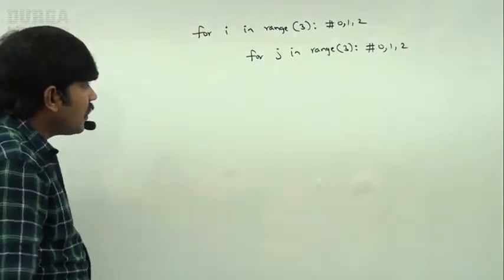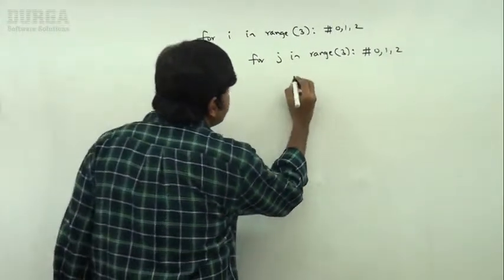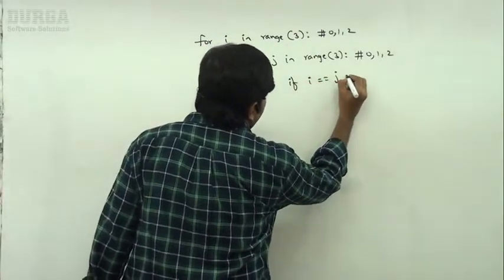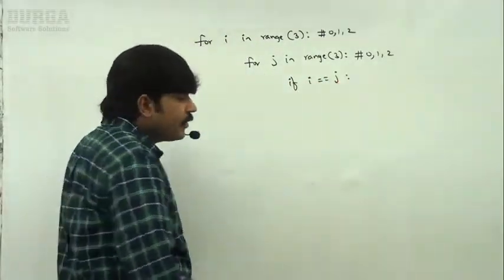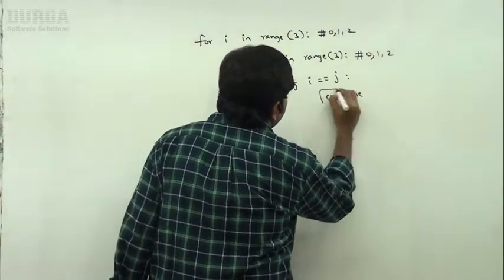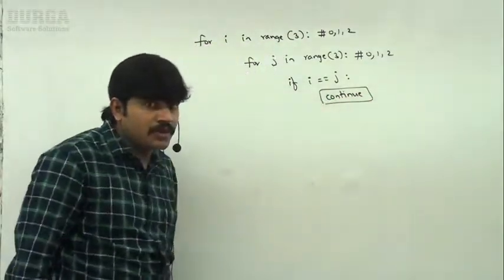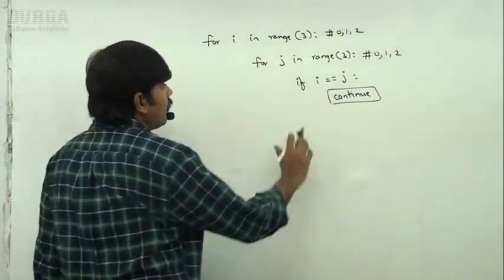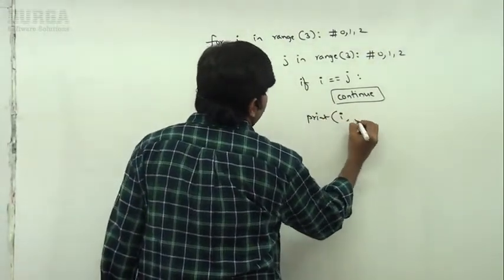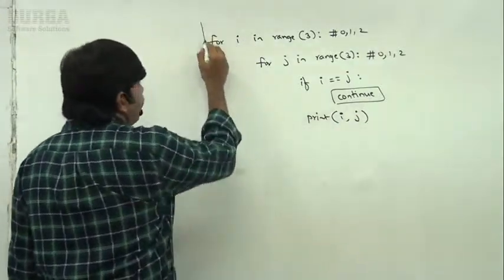Now my requirement is, if i double equal to j, continue. Instead of break, I am using the continue statement. If this condition is not satisfied, just print i value, j value.